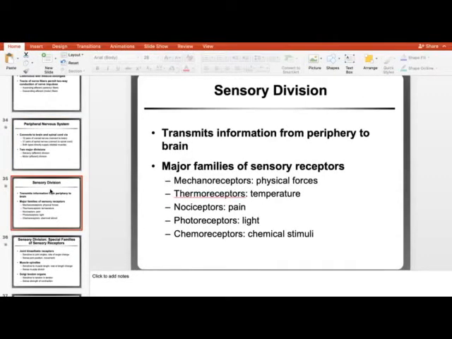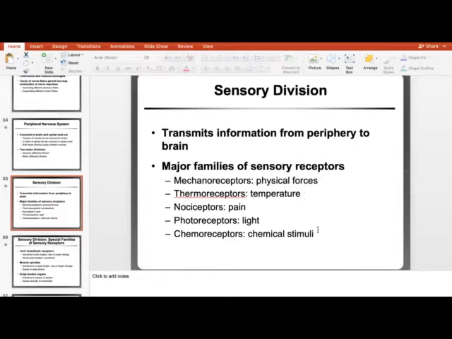So you have different types of receptors in your periphery, different types of receptors in your tissues. You have thermoreceptors that are responsive to temperature. Now, temperature is going to be degrees. Mechanoreceptors are responsive to things probably like newtons of force. Nociceptors are responsive to pain. So light, chemicals, these are all different information. Physical forces are usually newtons.